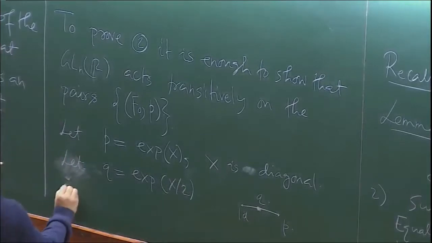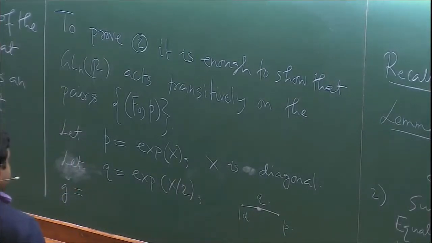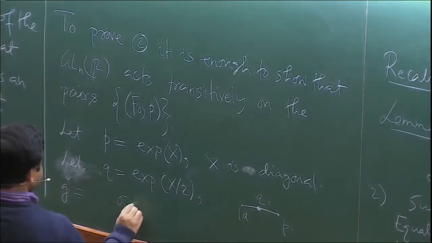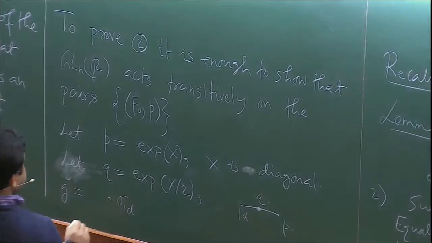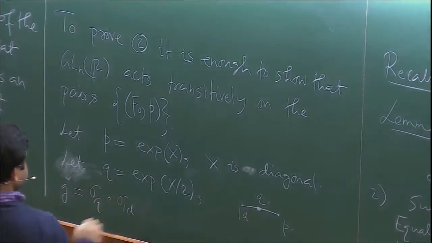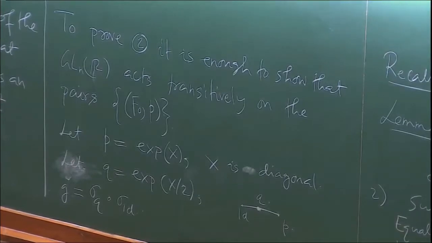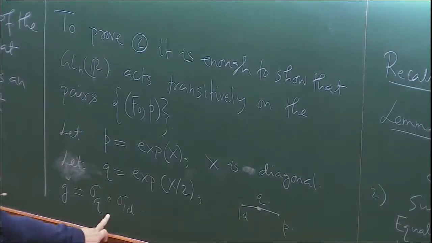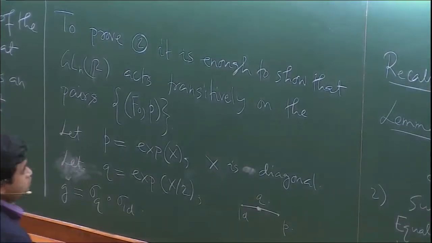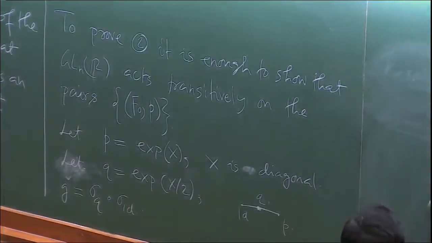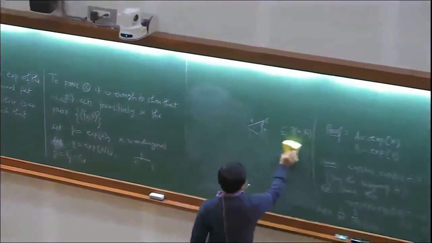And then take your G to be sigma identity composed with sigma Q. Then check that this will take this flat to itself, and it will take the identity element to P.